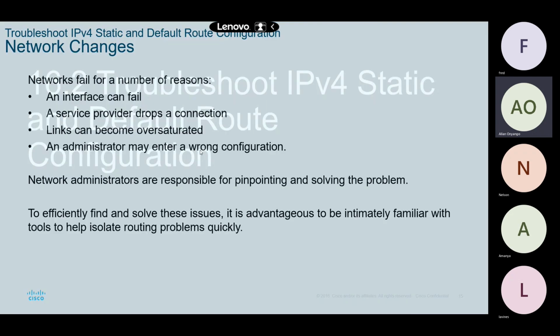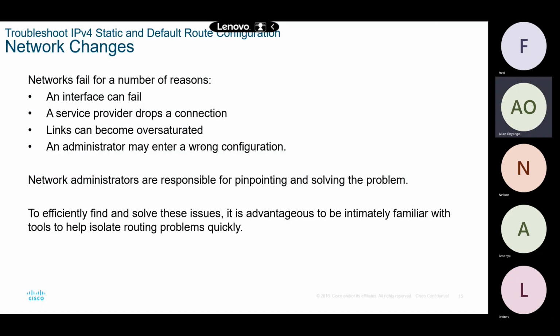Now, a few features that I want you to note here, and this happens with network changes. Wherever a network fails, and that can happen because an interface has failed or the service provider has dropped some connection, like someone cutting the fiber optic cable, or the link can become oversaturated due to a bottleneck or a lower speed port receiving traffic from a higher speed port.